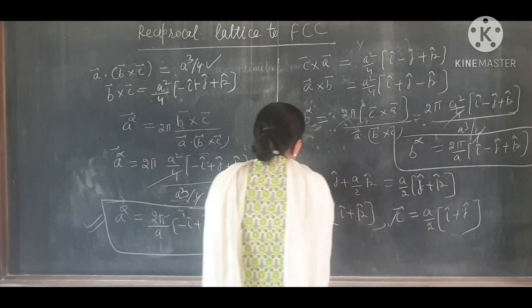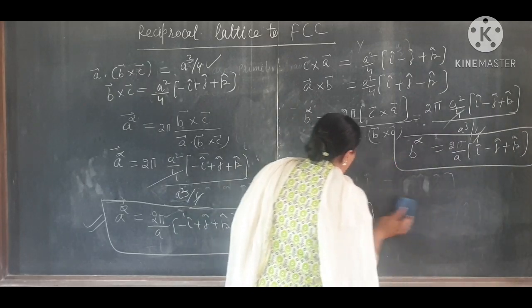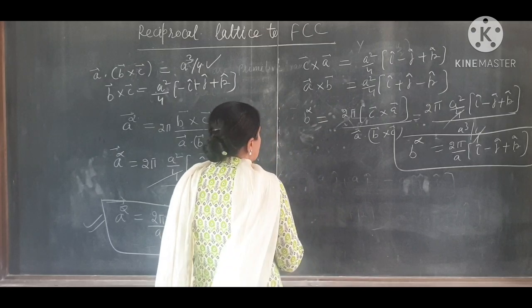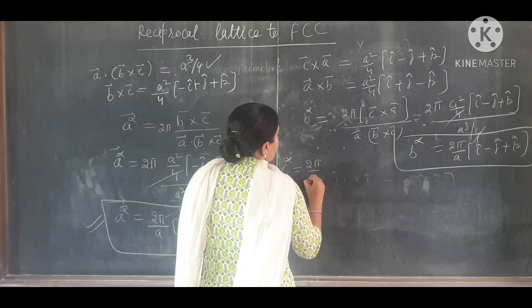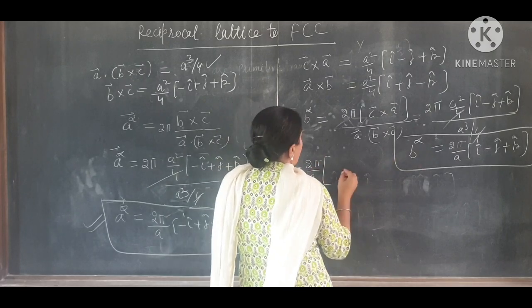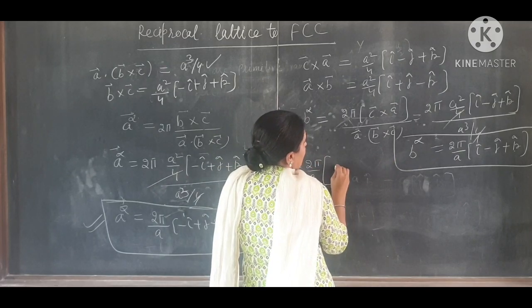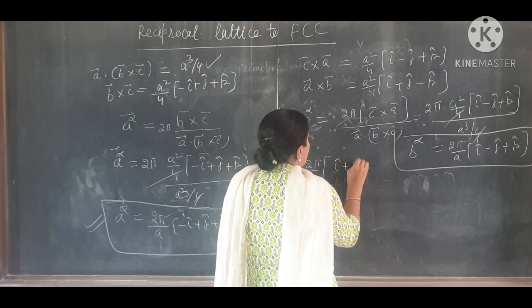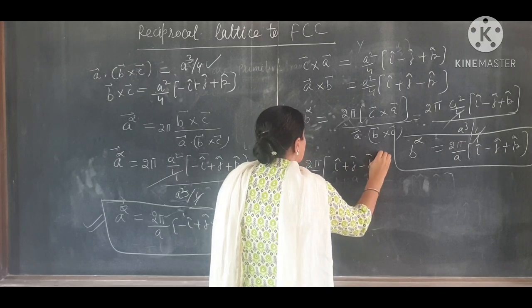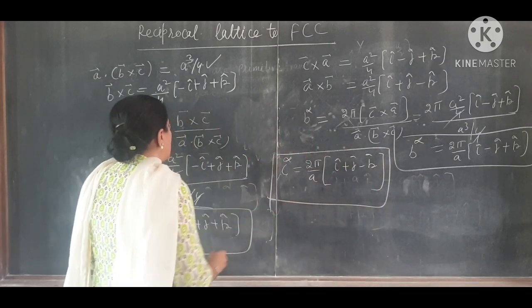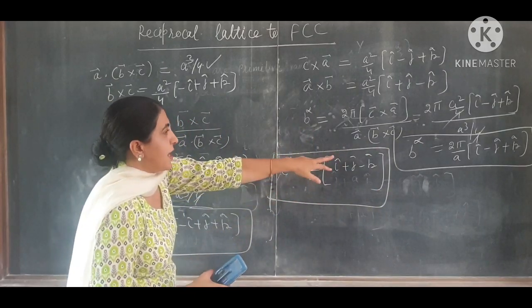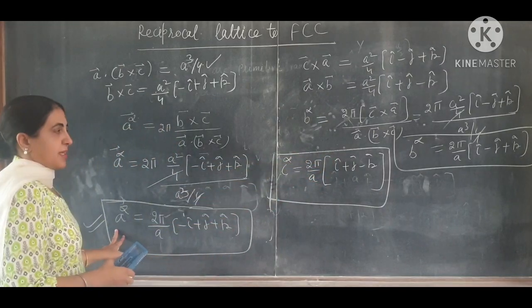Similarly, you can find out c star. You can write similarly, c star is also equal to 2 pi over a, that is i plus j minus k. So this is our c star, that is b star, and this is a star.